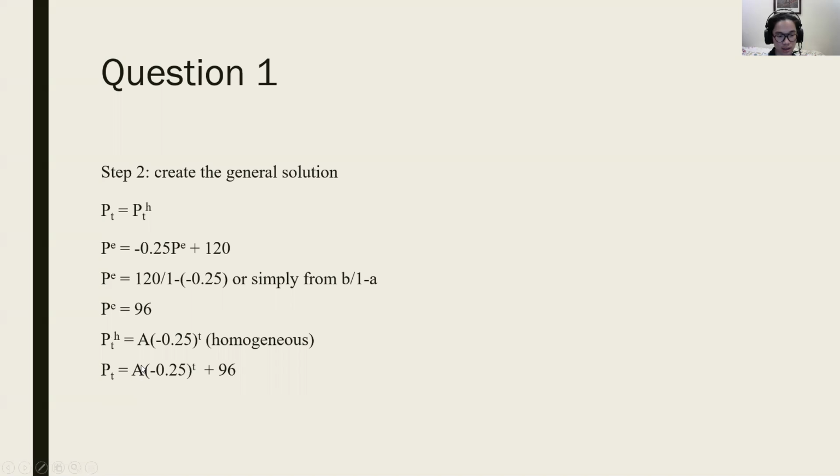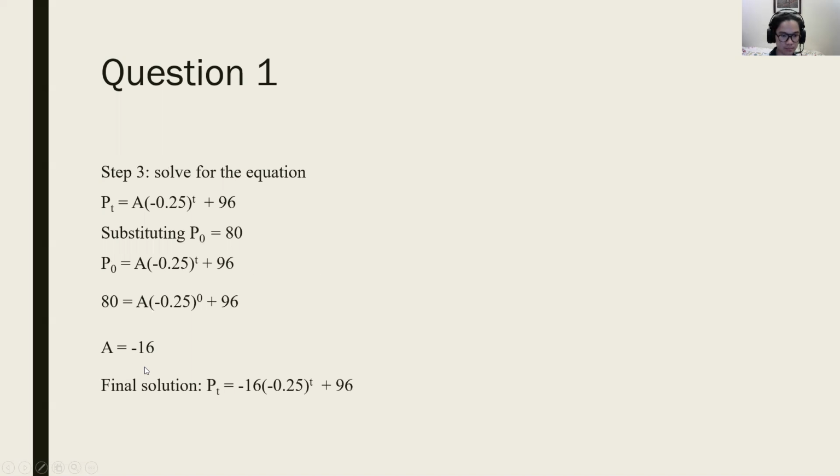Now we need to solve A, and how do we find A? Right here, pt is equal to A times negative 0.25 to the power of t plus 96. And then we have the information previously that when time is equal to 0, p is 80.